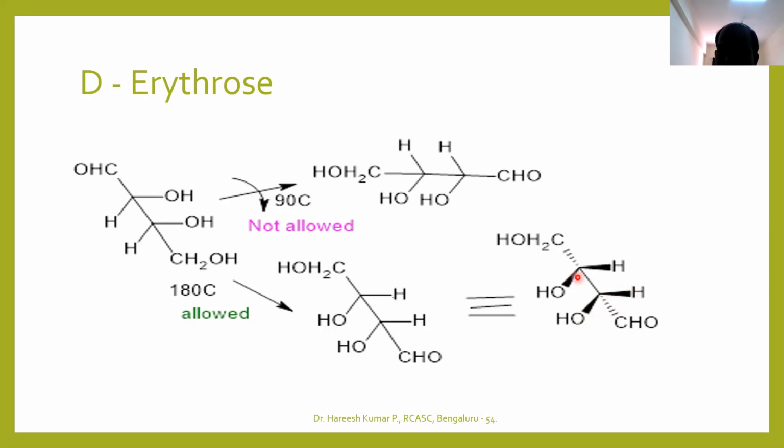This is also towards the observer, and this will be away from the observer. Overall, what you need to remember is that in a flying-wedge structure, these two groups are towards the observer and these two groups are away from the observer.